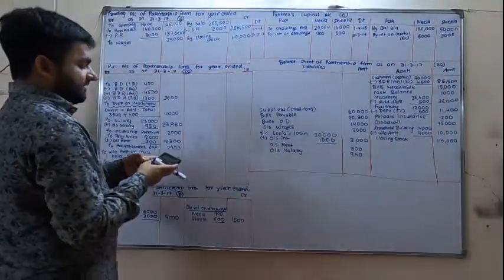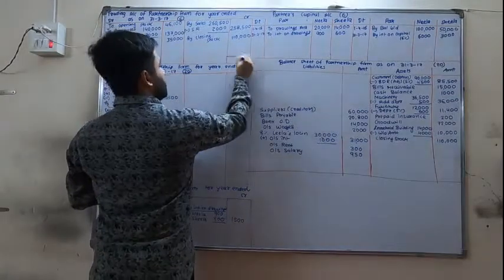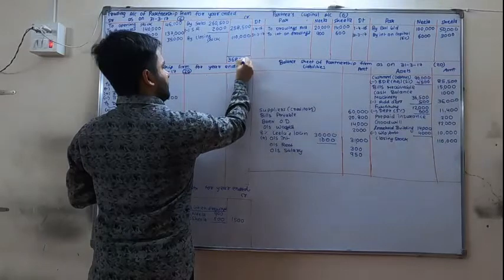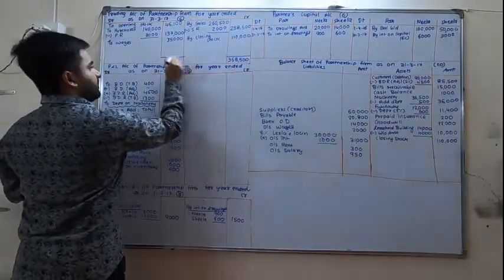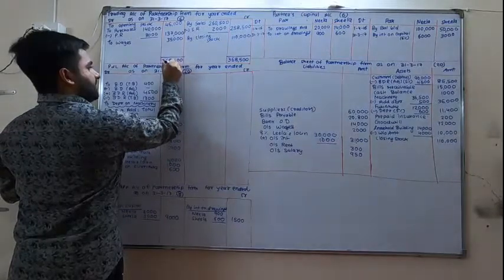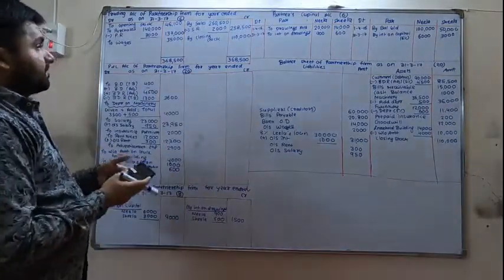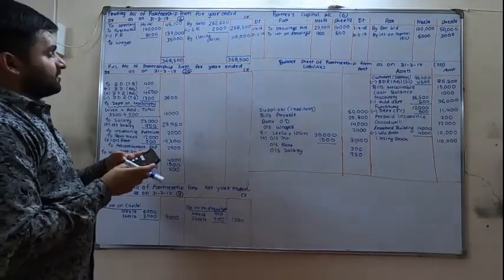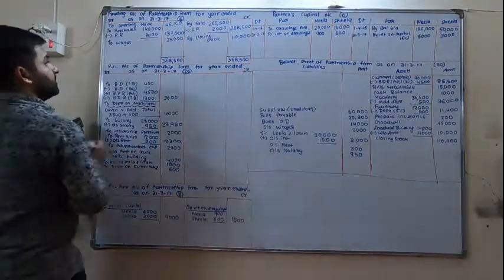2,58,500 plus 1,10,000 is 3,68,500. 3,68,500 minus 46,100, 1,37,000, 35,000.